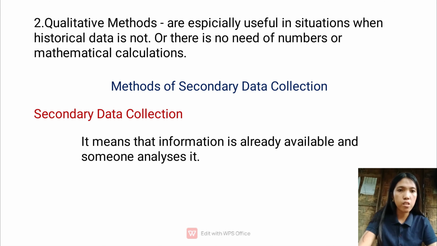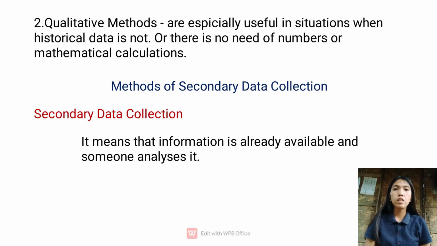Next is methods of secondary data collection. Secondary data collection means that the information is already available and someone analyzes it. The secondary data includes magazines, newspapers, books, and journals. It may be either published or unpublished data.